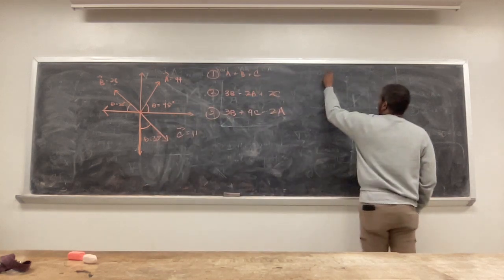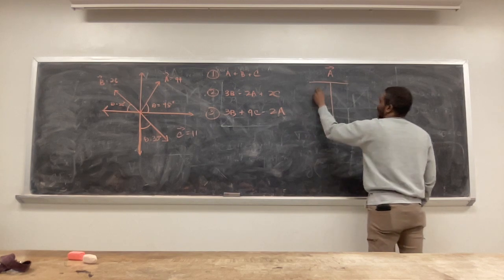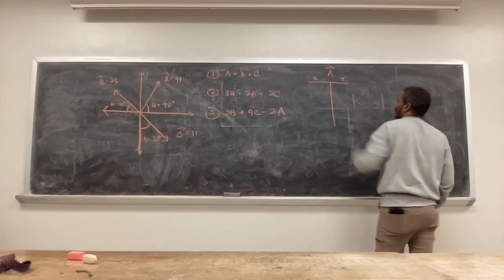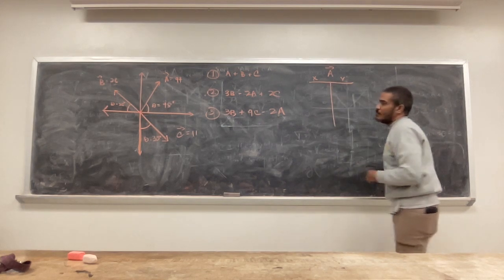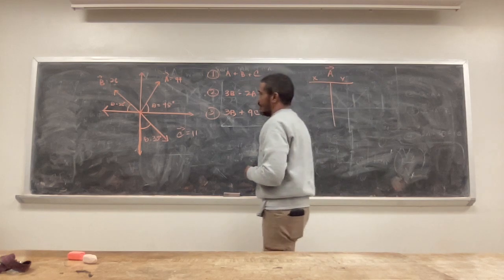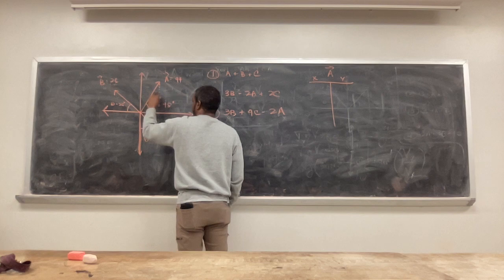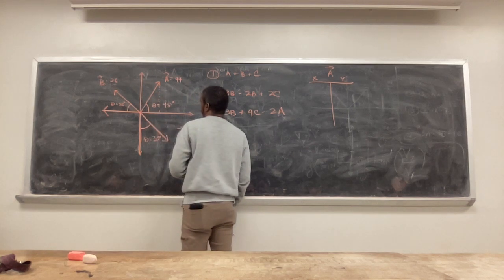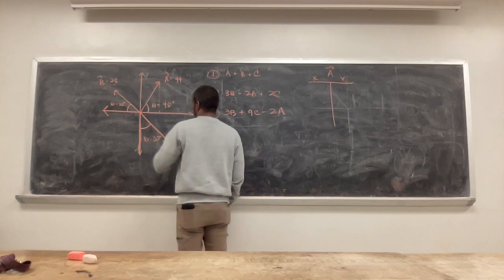Let's start with vector A, and we say what? X component, Y component, right? How do we get them? What's the magnitude of A? 44. So it'll be 44 cosine 48.